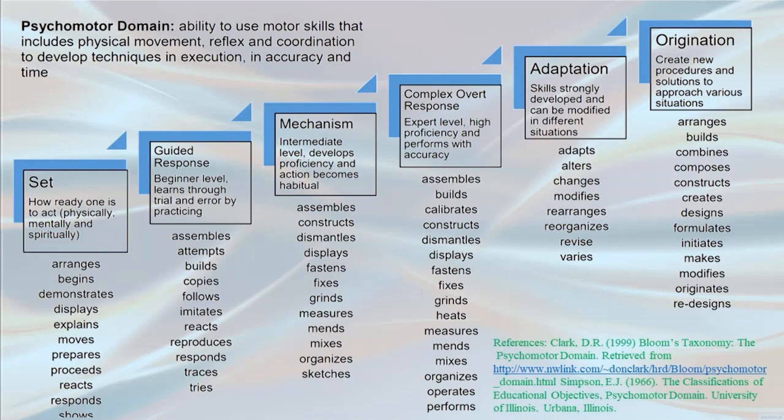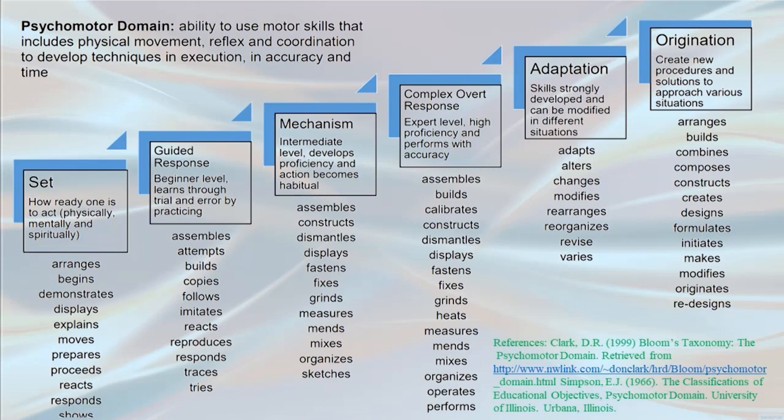And if we use the verb explain, it shows the second level, which is understanding. But for the psychomotor domain, it is very difficult to judge the level from the verbs we use for writing the objectives. And we need some more indication to judge about the level of the objectives.